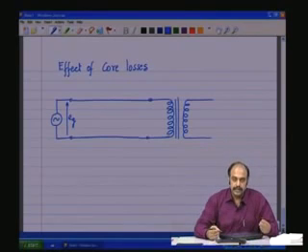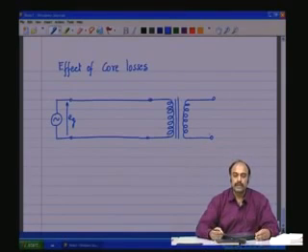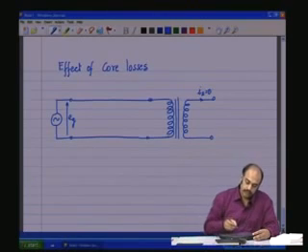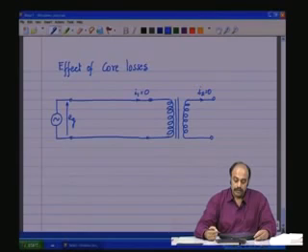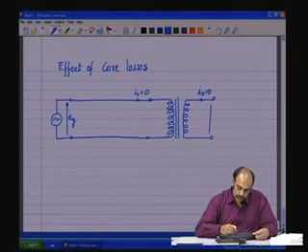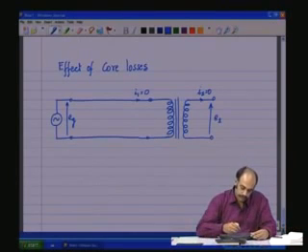So, under normal ideal conditions, when the output on the secondary side is open, there is no load connected, this current I2 is equal to 0, and therefore I1 will be equal to 0, which means even 0 current, or infinitesimally small, negligibly small current, is sufficient to provide the required ampereturns or the magnetomotive force to set up a flux in the core which gets linked to the secondary to produce E2.